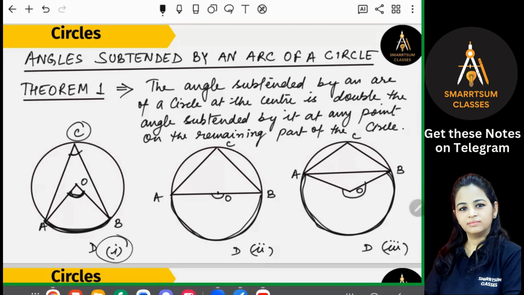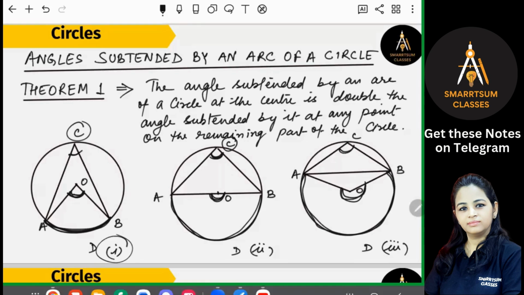Similarly, here this is the angle subtended by the semicircular arc. It will be double the angle subtended by this arc at any point in the remaining part, for example at C, that is, AOB is double of ACB. Similarly, in the third figure, the angle subtended by the major arc AB will be double of this one.